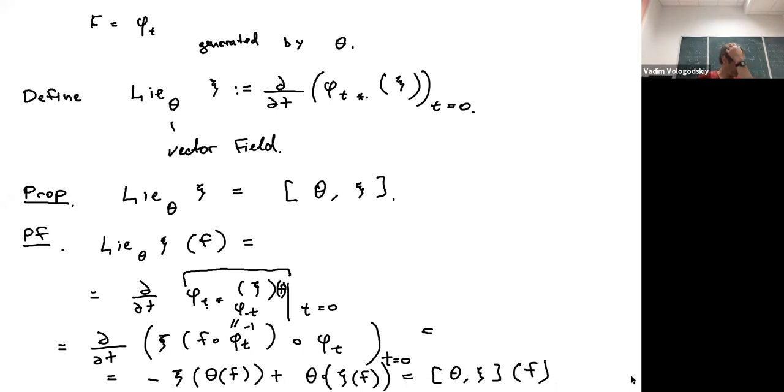Let me finish this lecture by stating a definition, the definition of a Lie group. Lie groups are a very important source of examples in differential geometry, and not only in differential geometry.